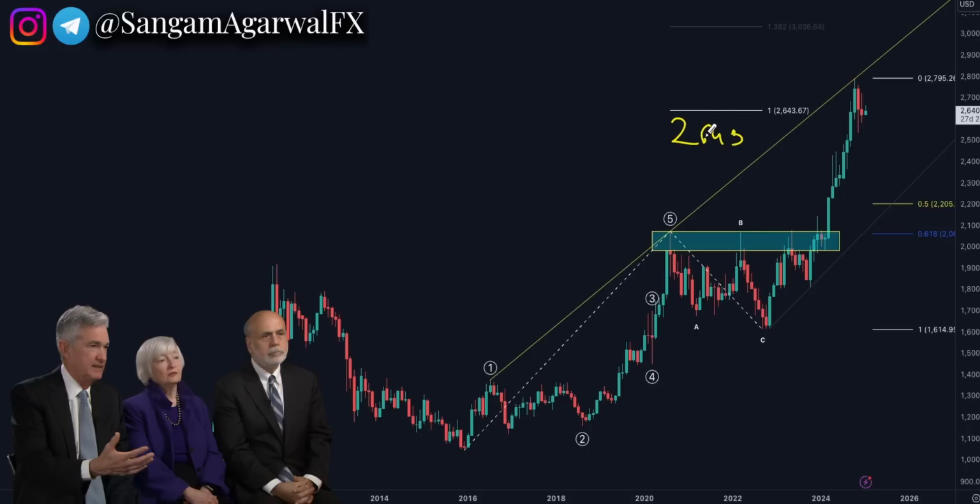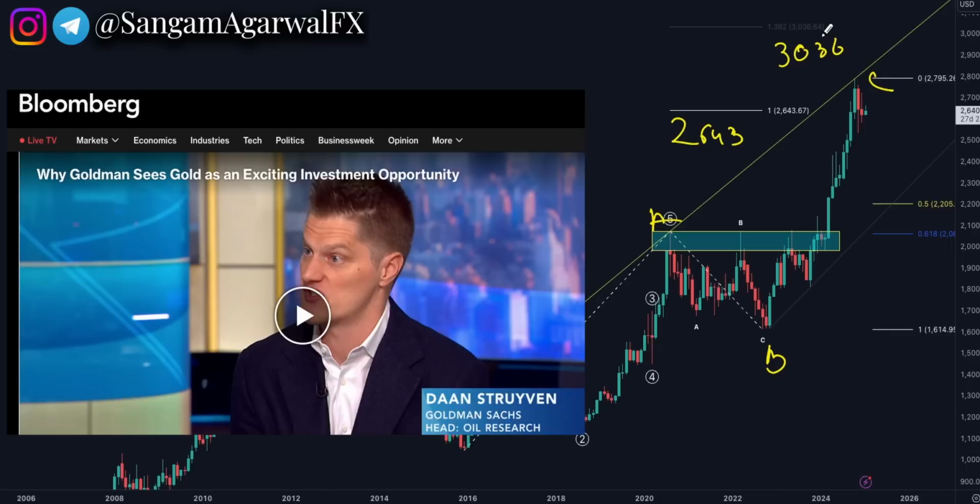2643 was a big projection target for a possible ABC wave and price showed big rejection. Next target 3036 from Goldman Sachs Bank. They are still predicting once again for this year 2025. They are bullish again for gold.